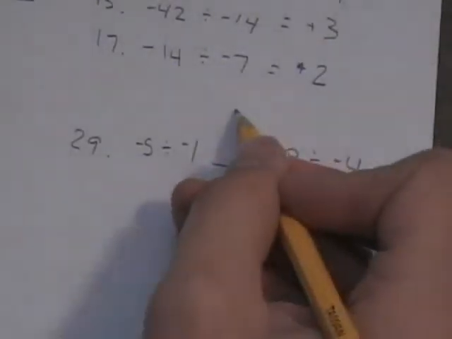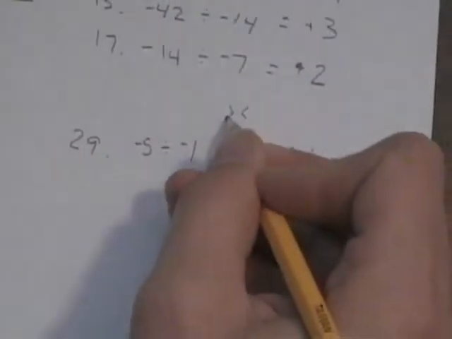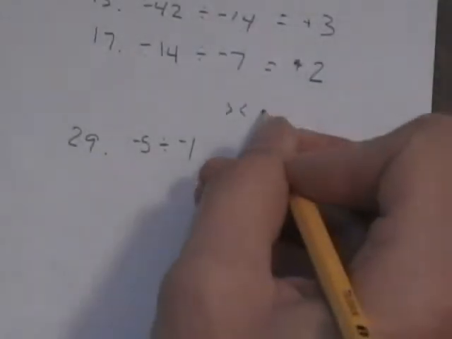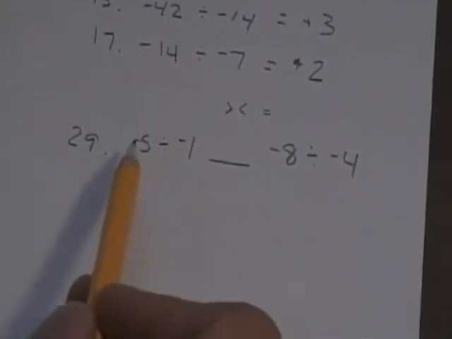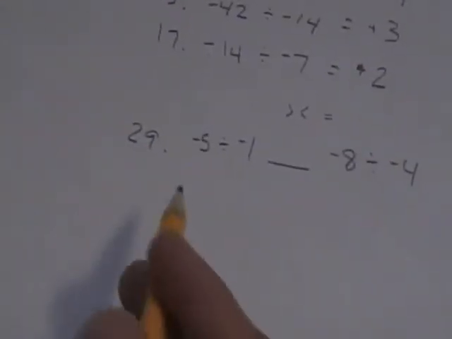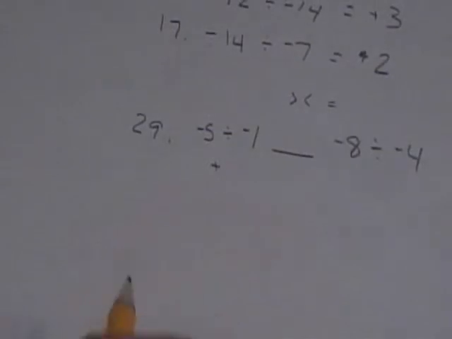Alright, here's what it says. We're going to put either greater than, less than, or equal. Let's find out. Okay, negative 5 divided by negative 1. Remember, it's got a negative divided by a negative. So that's positive. So what's 5 divided by 1?